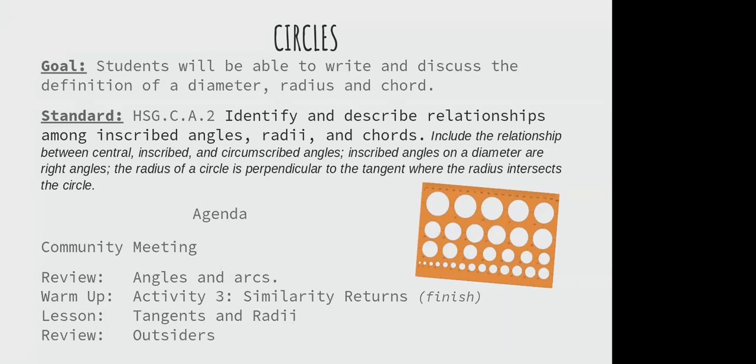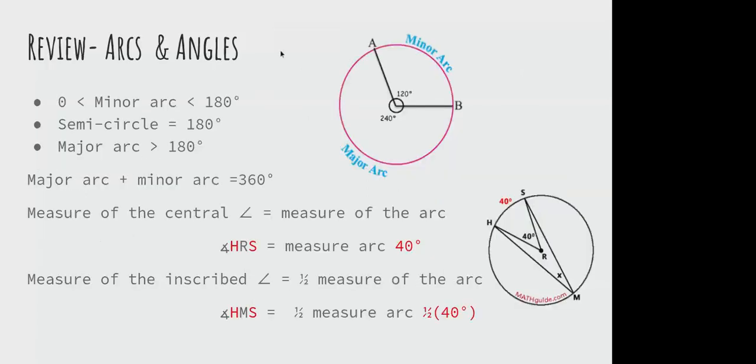So again, quick review for arcs and angles. Minor arcs are greater than 0 and less than 180 degrees. A semicircle is half of the circle, and it's 180 degrees. Major arcs are greater than 180 degrees.